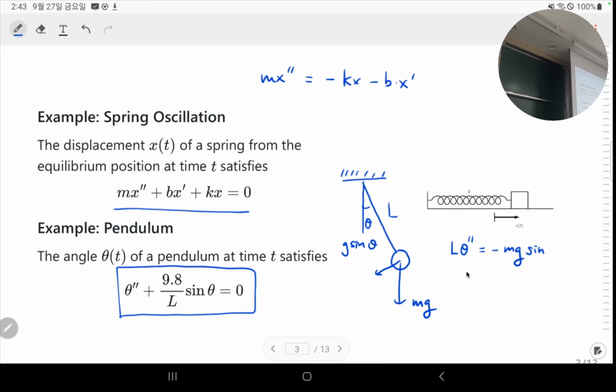I'm just thinking about the acceleration, so I don't need m here. So sine theta, and therefore I get theta double prime plus g over L sine theta equals 0. So that's how you get the equation. Again, by the way, this equation is not only about theta, it's about sine theta, so it's a nonlinear differential equation.